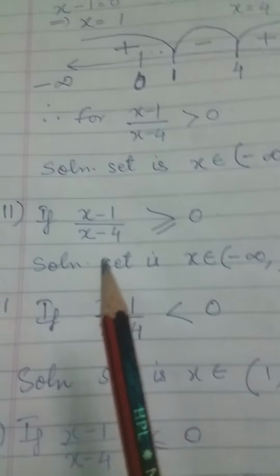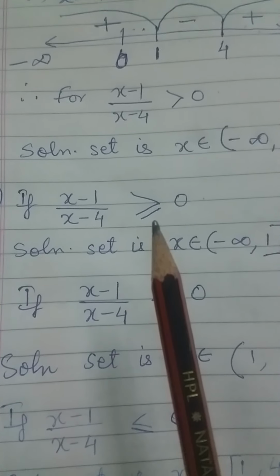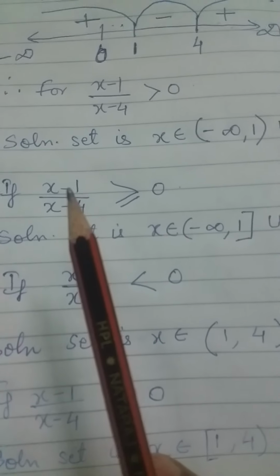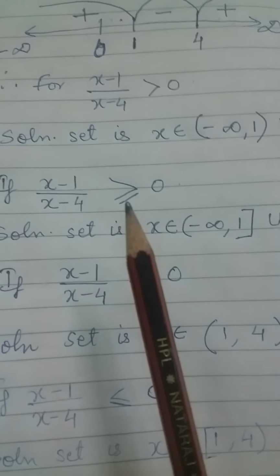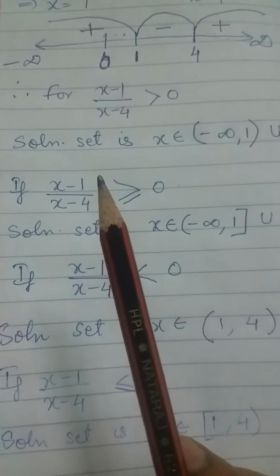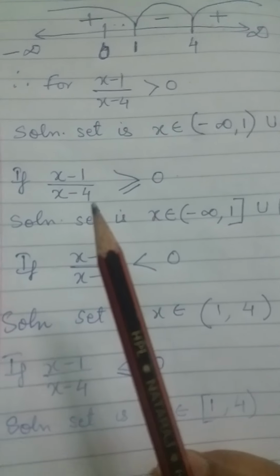Now the second case. Suppose (x minus 1) upon (x minus 4) is greater than or equal to 0. Greater than or equal to 0 means we can have the fraction as 0 also, and this can happen only when the numerator is equal to 0. As I told you in the last class also, we never have to take the denominator as 0.